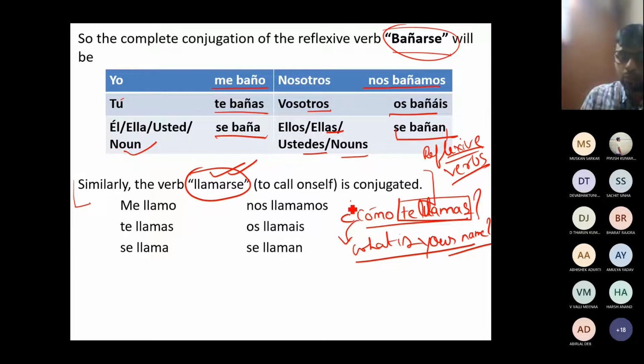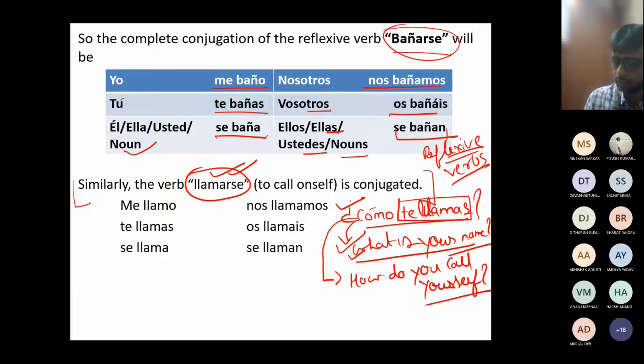If you have to ask anybody his name, this is how you ask in Spanish, and this is how you ask in English. But this is not the exact translation. The exact translation of ¿Cómo te llamas? is basically "how do you call yourself".